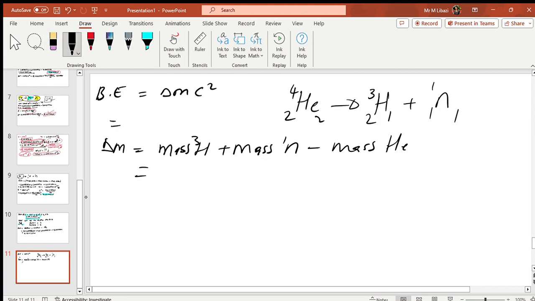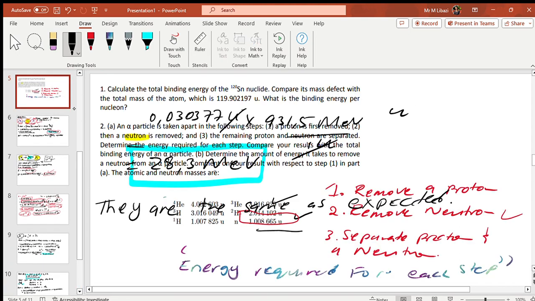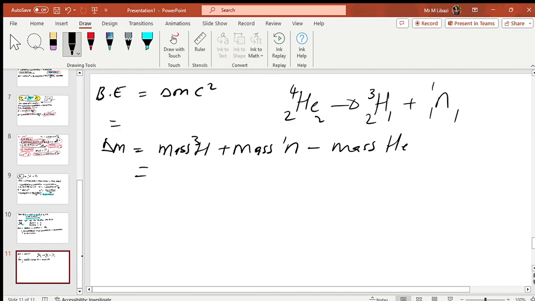So for H3, according to this, we have 3.016049 U. Then we want the neutron, which is 1.008665 U, right?